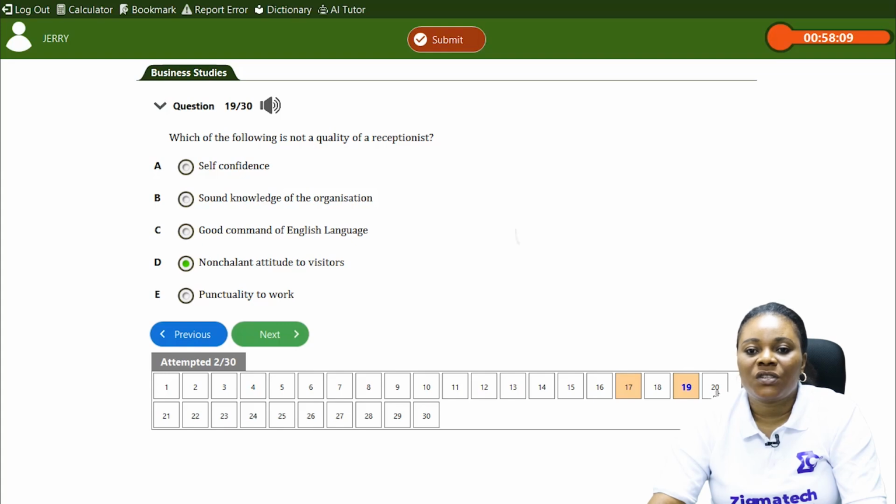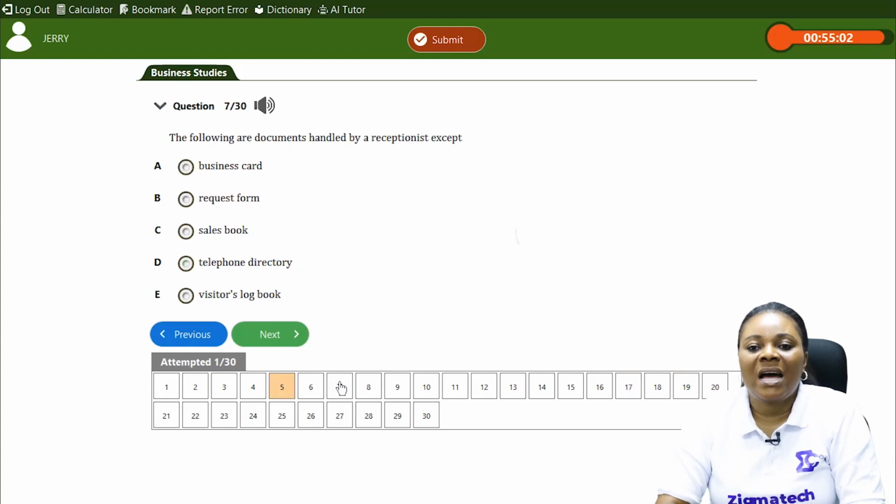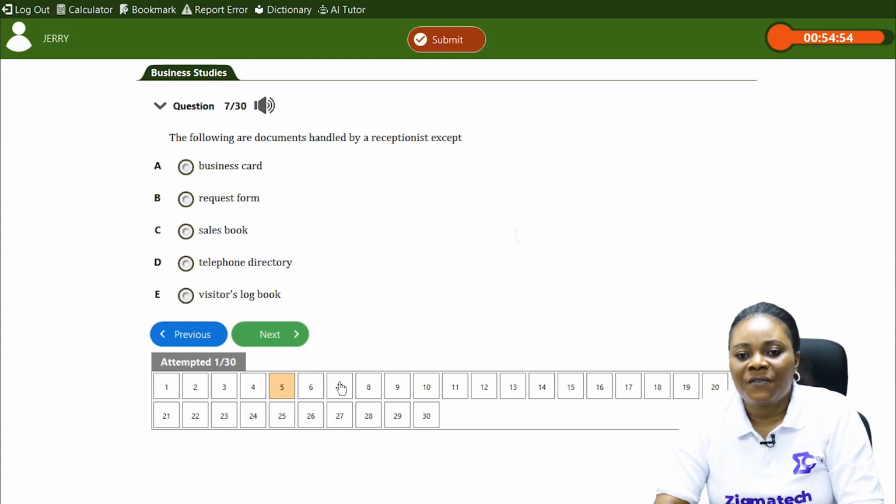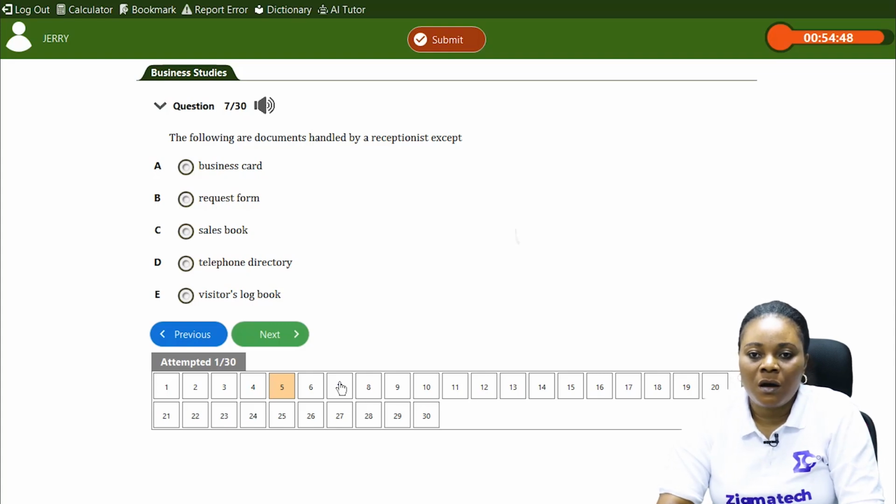Let's take another question. It says the following are documents handled by a receptionist, except we have the business card, the request form, the sales book, the telephone directory, and the visitor's log book. In today's class, we identified 4 documents handled by a receptionist in the reception office.